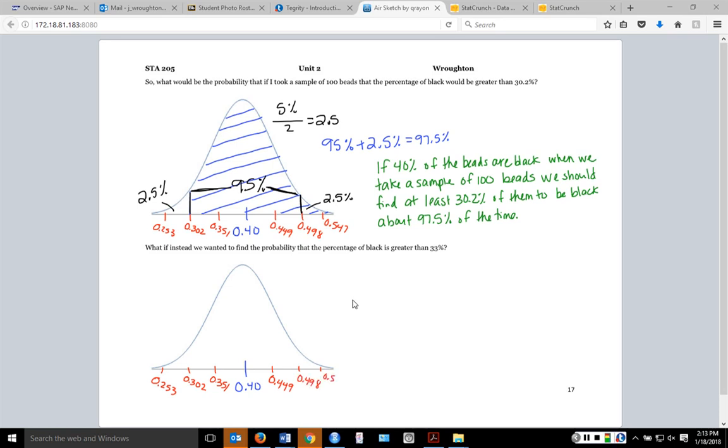Not changing any of that. So now it's asking for greater than 33%. Well, 33% is somewhere over here. Right, because 33% is 0.33. And I know it's everything greater. And I know that's what my picture looks like.